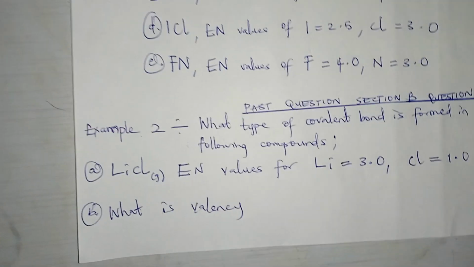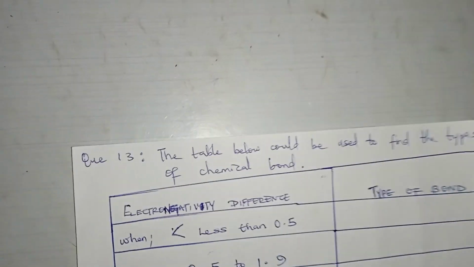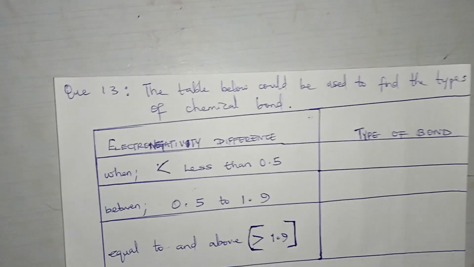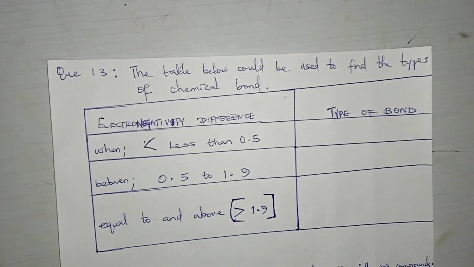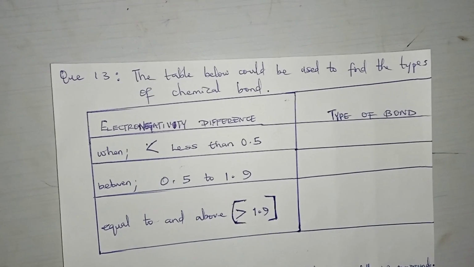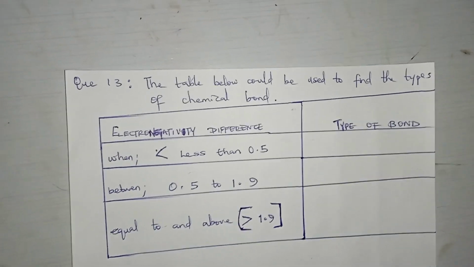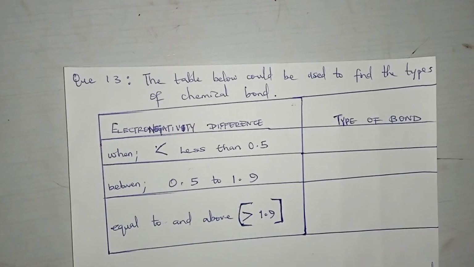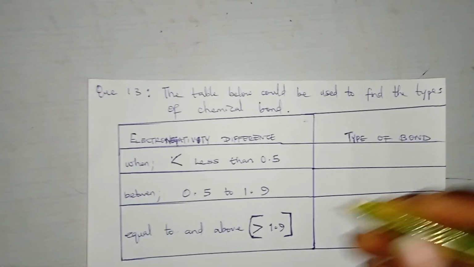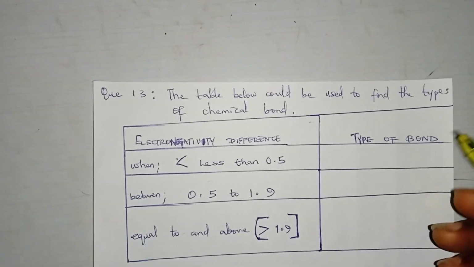So we move to the next question, question 13. Question 13 says, the table below could be used to find the type of chemical bond. We already know what electronegativity is: a measure of the attraction an element has for the electrons of another element. When a question is given to us and they give us En, it means electronegativity.